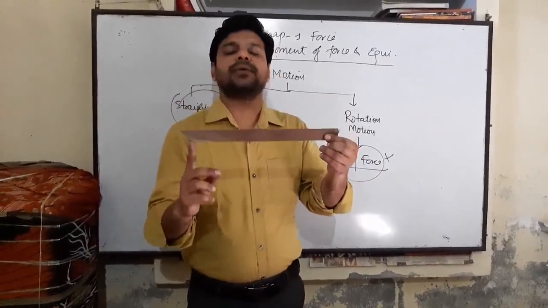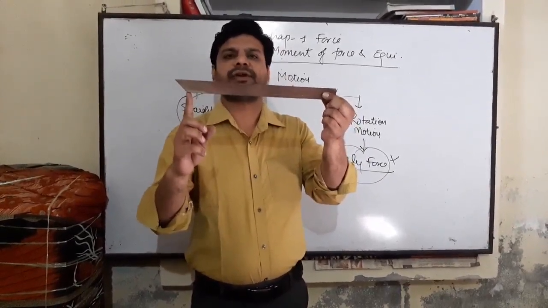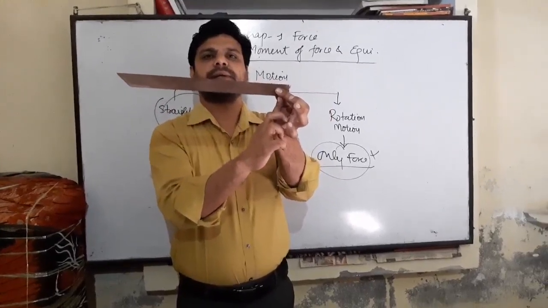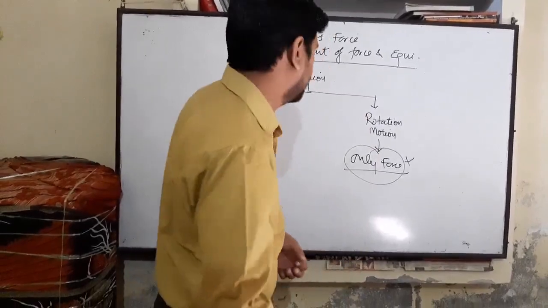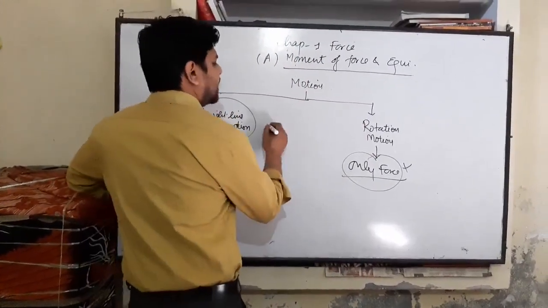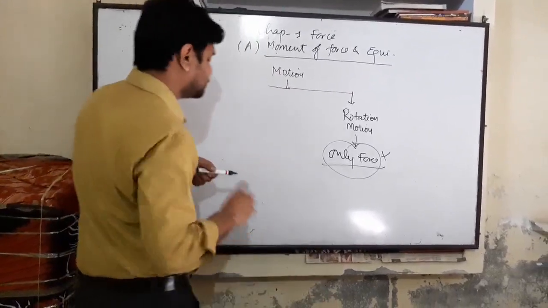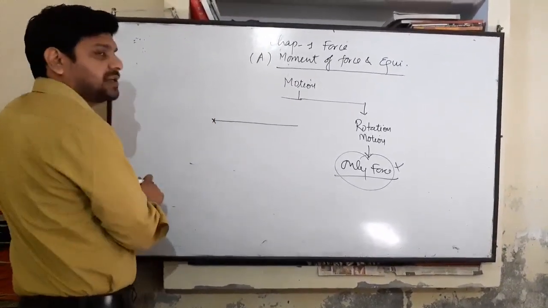The perpendicular distance between line of action of force and axis of rotation is another factor which provides rotation. So consider we have a rod. This is axis of rotation.